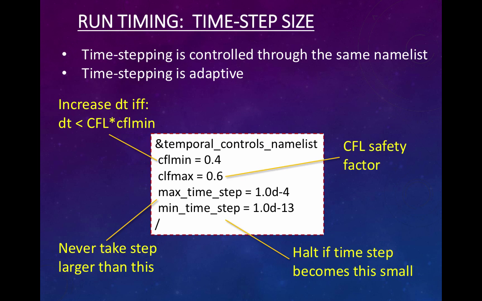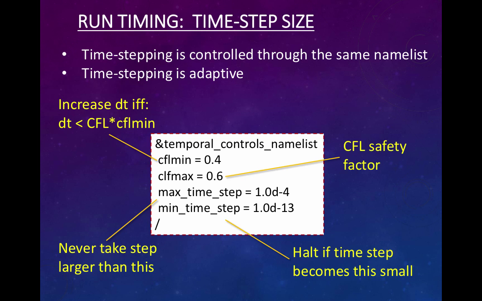Okay. And so there's a min time step, and if the time step becomes that small for whatever reason, the code will stop. It will exit cleanly, but it'll stop. So you set this to something really tiny. If I were running even like a Boussinesq sort of non-dimensional simulation, 10 to the minus 13 is probably a pretty small time step.